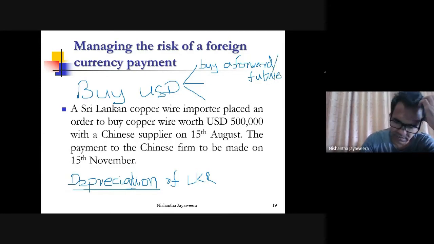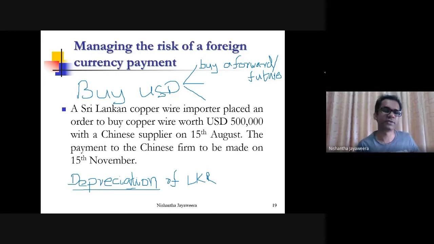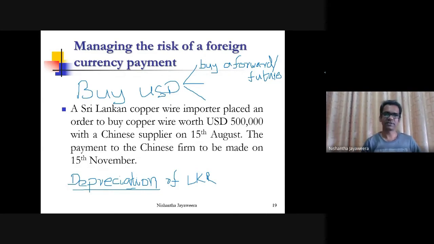So these are sort of identical, only differences in the operation. In the futures, you have to maintain a margin account. In forward, you don't have to do that. First option is you can buy a forward contract. So you fix the exchange rate today and the transaction is settled on the 15th November.